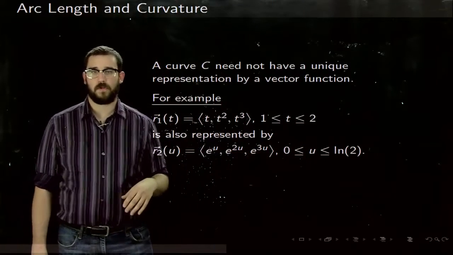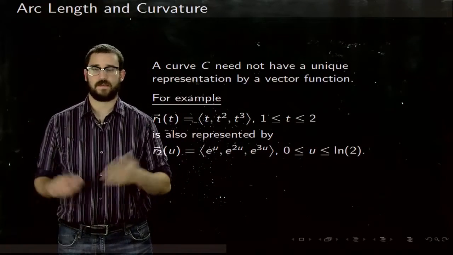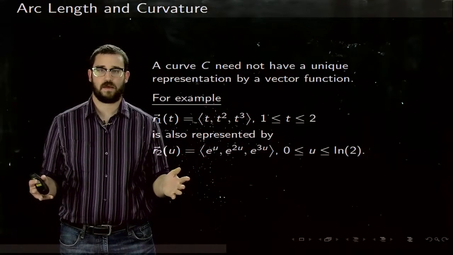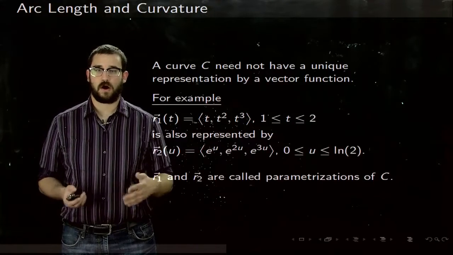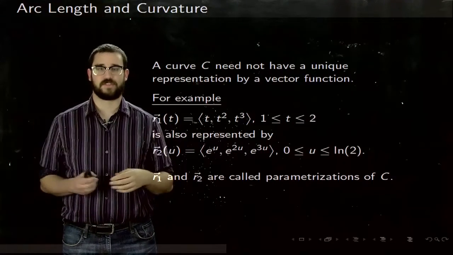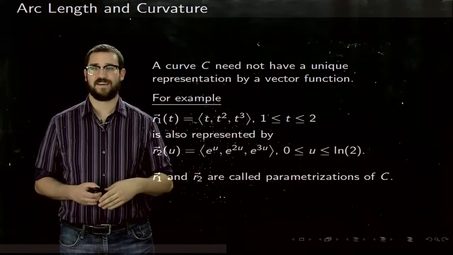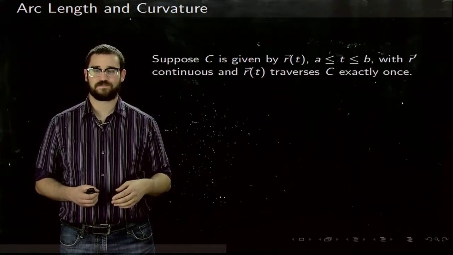If you graphed both of these vector-valued functions, they'd be the exact same thing. So we have different parameterizations. r1 and r2 are called parameterizations of C, hence why I just said they're different parameterizations.